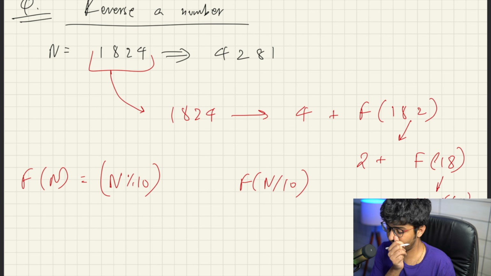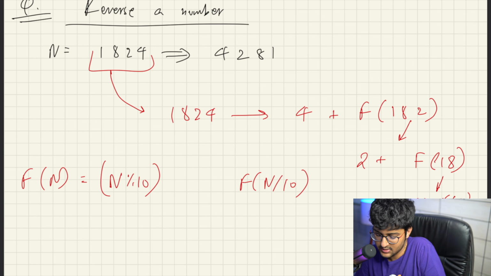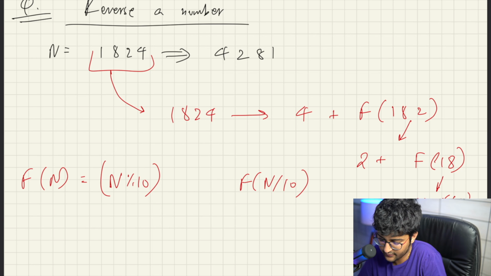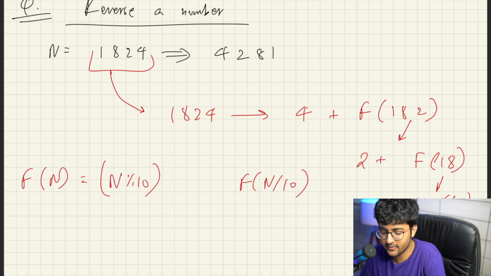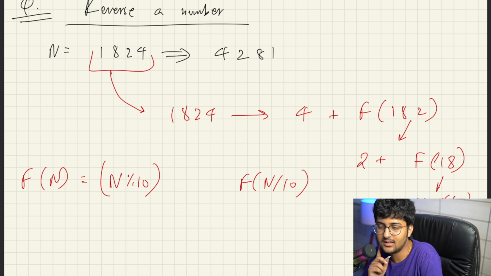So there are a bunch of ways via which you can do this. One of the things I'm trying to figure out is how do we actually increase this 4 towards the thousands place? The number one way is to take the value of this base counter in the argument itself. We can try that.